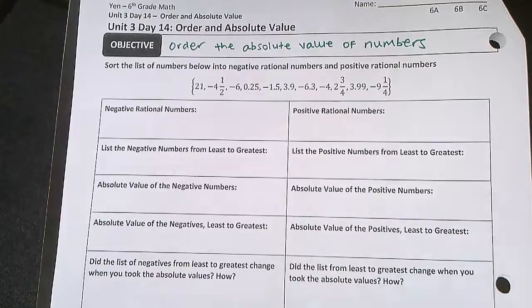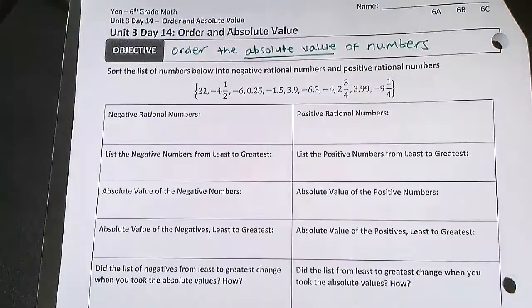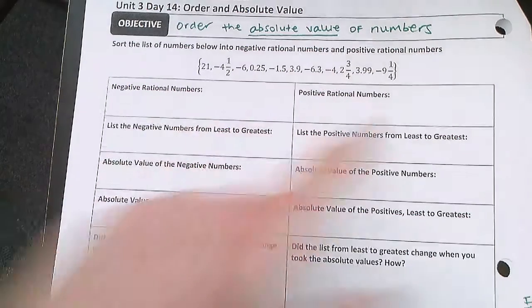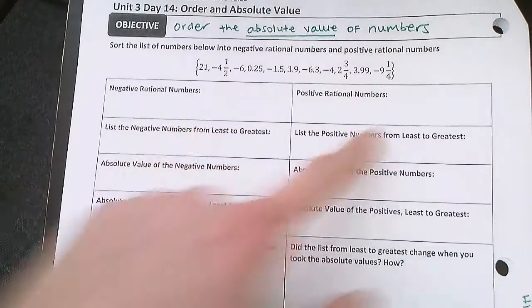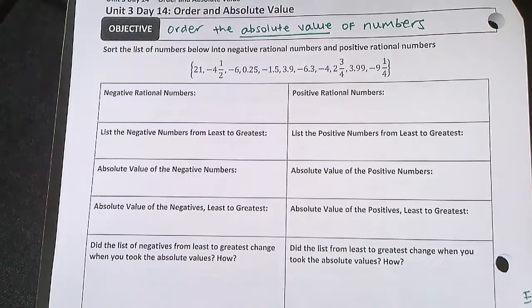Before, we've been ordering from least to greatest negative and positive numbers, negative fractions or positive decimals, and now we're going to be focusing on the absolute value of numbers. So first we have this exercise right here, and I'm going to get you started together on this top part, and then you're actually going to try to fill out the rest of this on your own.